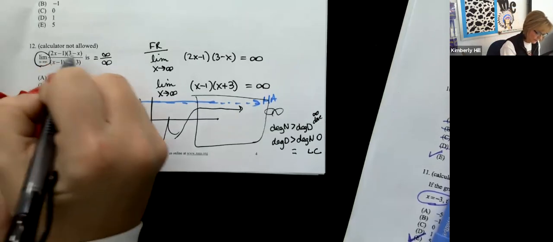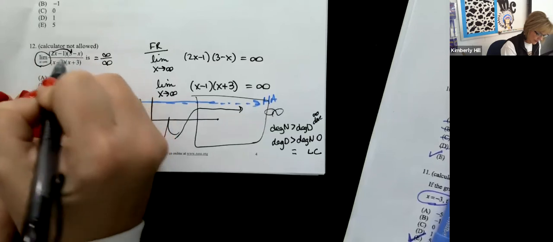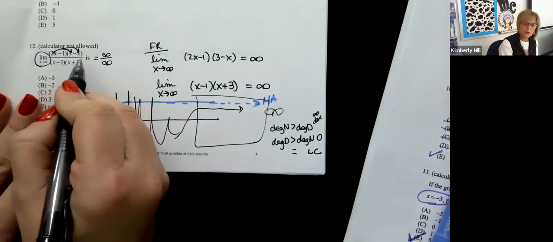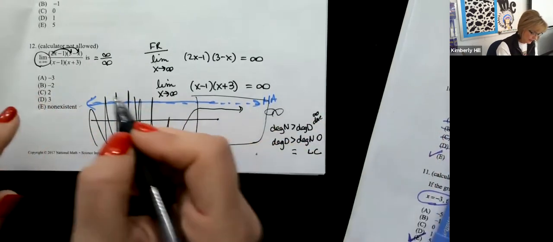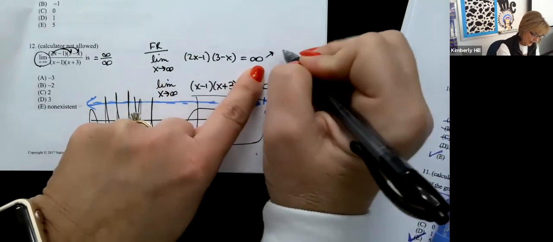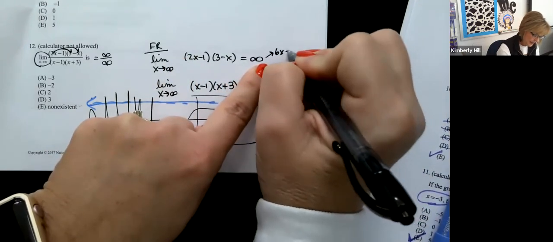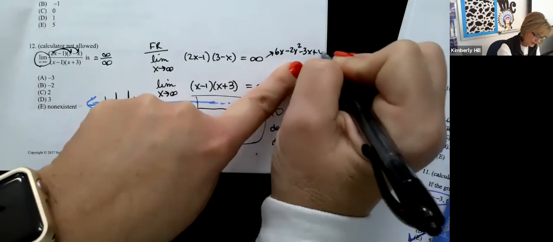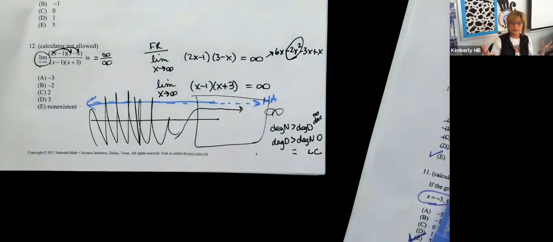So if I had to FOIL this out, that would be 6x, 2x squared. So my 2x squared piece is the biggest. If it helps to FOIL the whole thing out, you can. So if I FOILed out my whole numerator, I would end up with 6x minus 2x squared minus 3x plus x. So the only one I really care about is that minus 2x squared because it's the highest degree.